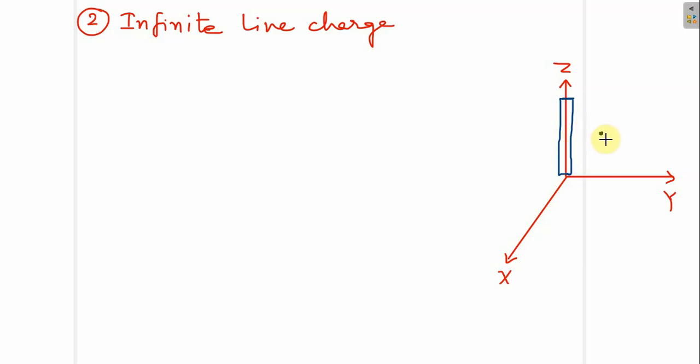Let's say the point is P. At this point you have to determine the electric flux density due to this line charge kept on the z-axis. Let us suppose this line charge has the charge density of rho L coulomb per meter.